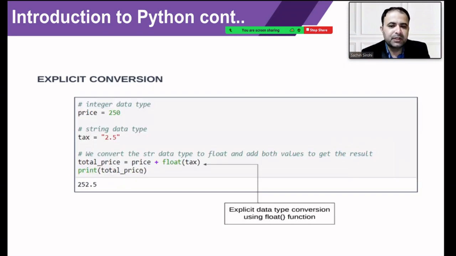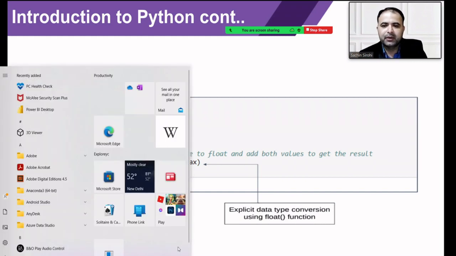So how can we do this? Firstly, the price and the tax, two things are there, and I want to concatenate the price and the float. So firstly, we have to convert into the float, then I will calculate them. Okay, you can see the price and the tax.